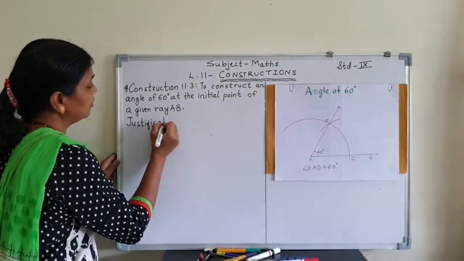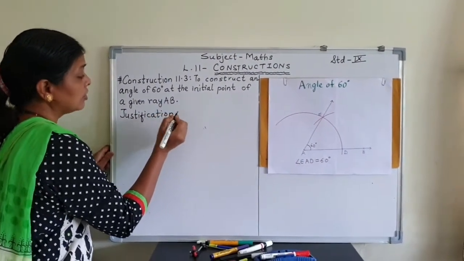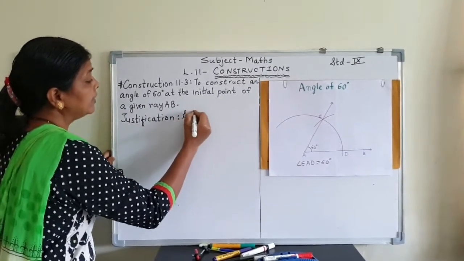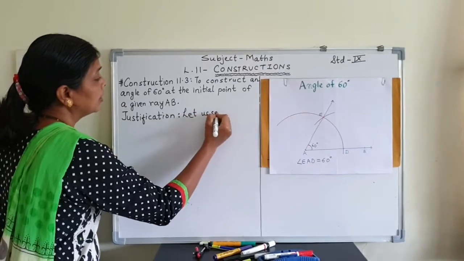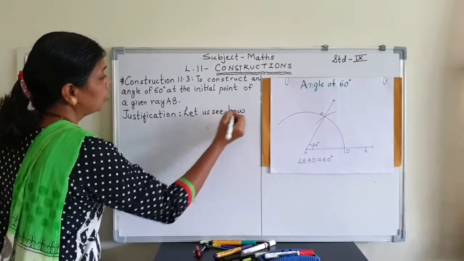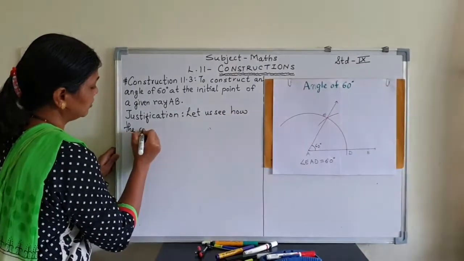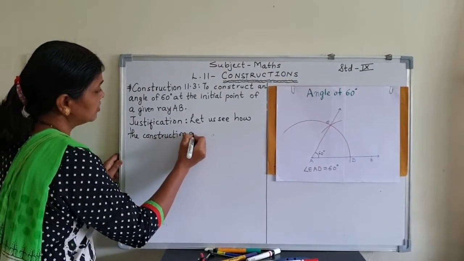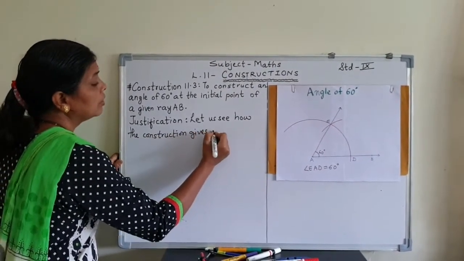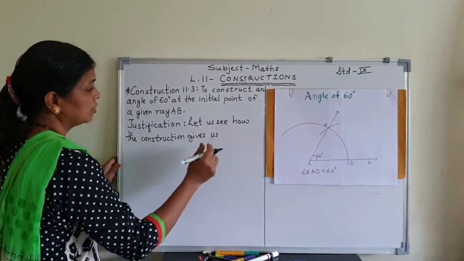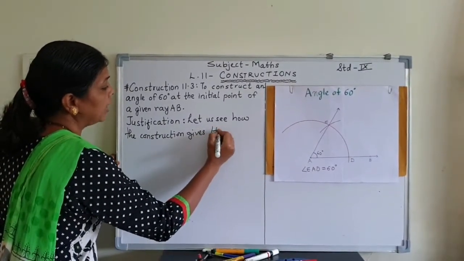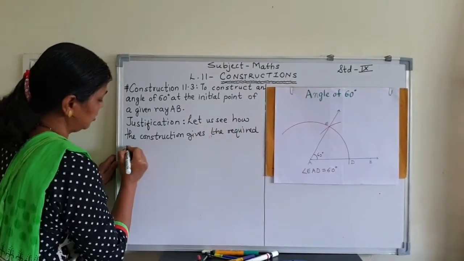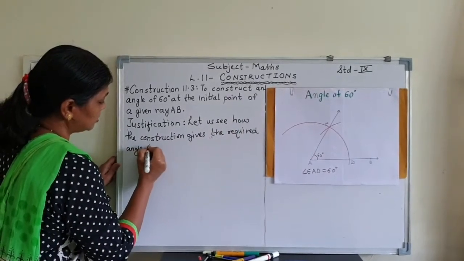In the exam you will be asked to justify, so you have to write the justification like this: let us see how the construction gives the required angle 60 degree.